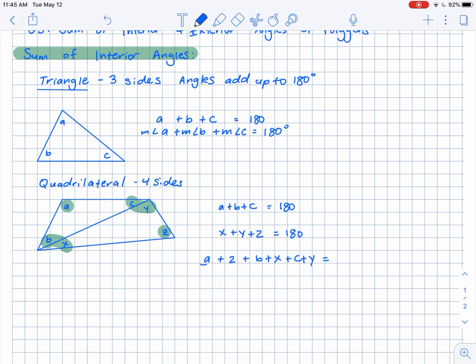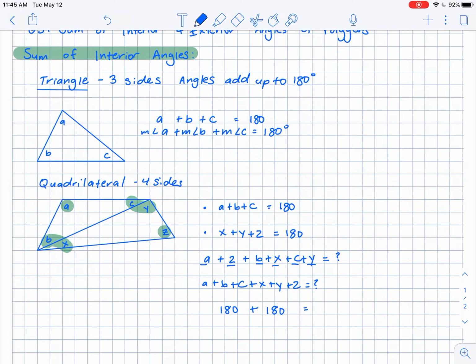Well, I could rearrange everything: A plus B plus C, X plus Y plus Z. And from this, I know that A plus B plus C is 180 degrees, and X plus Y plus Z is 180 degrees.